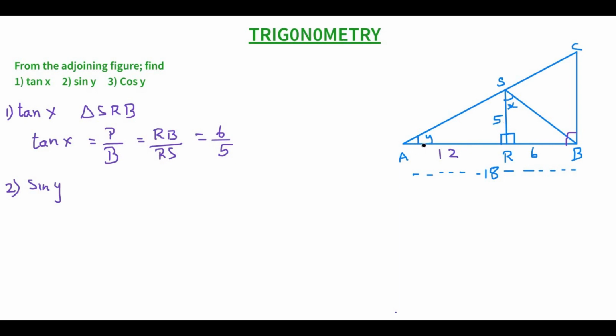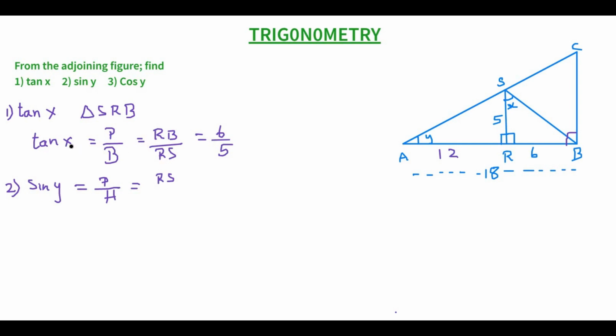Now whenever we have to find sin y, what is the formula to find sin y? I hope you all remember that. Yes, it is perpendicular by hypotenuse. So here, which is the perpendicular side? Right, the side opposite to the angle is our perpendicular side, which is RS. Here RS is our perpendicular because it's with respect to y.